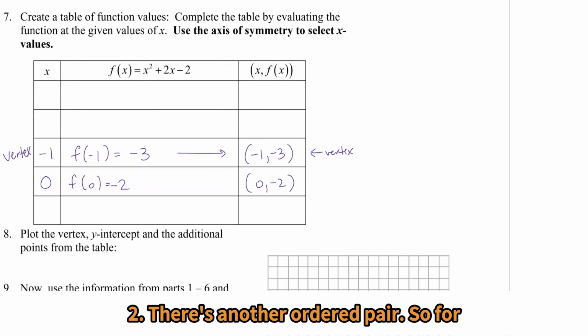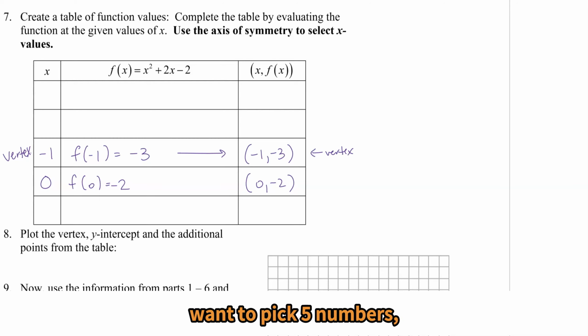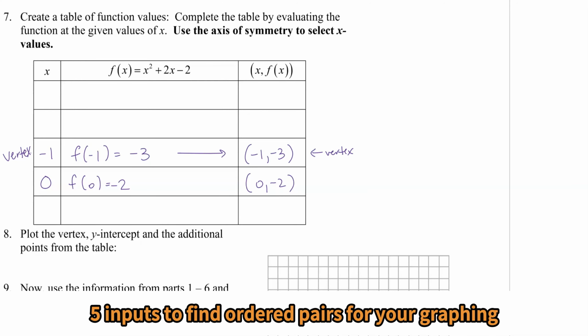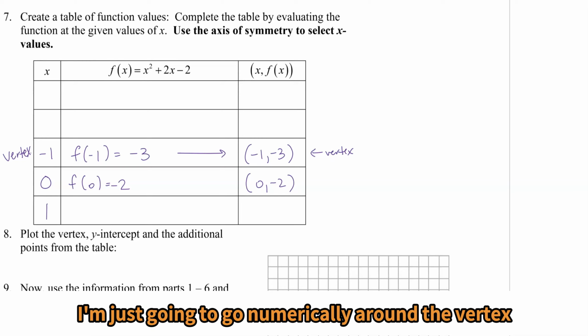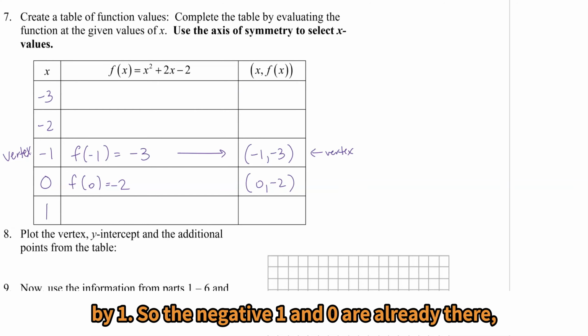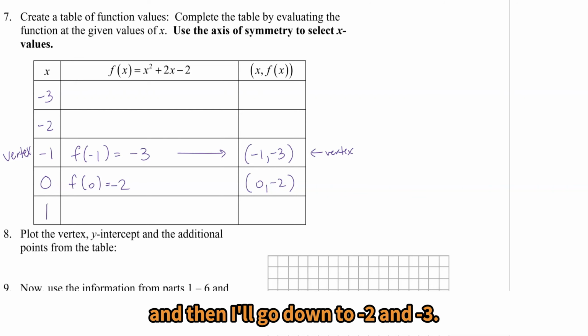There's another ordered pair. So for the other values for x, you do want to pick 5 inputs to find ordered pairs for graphing your parabola. Since a is 1, I'm just going to go numerically around the vertex by 1. So negative 1 and 0 are already there, so I'll go up to 1, and then I'll go down to negative 2 and negative 3.